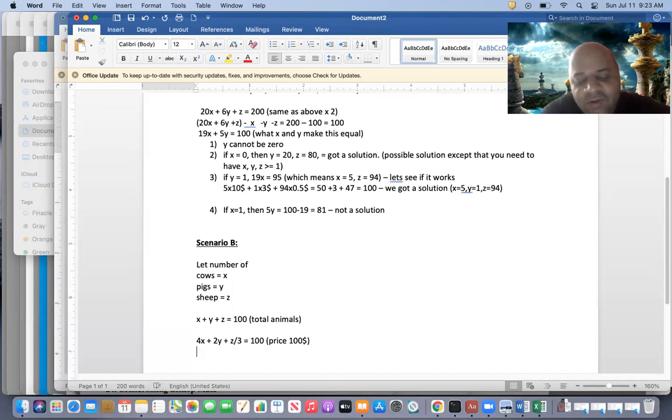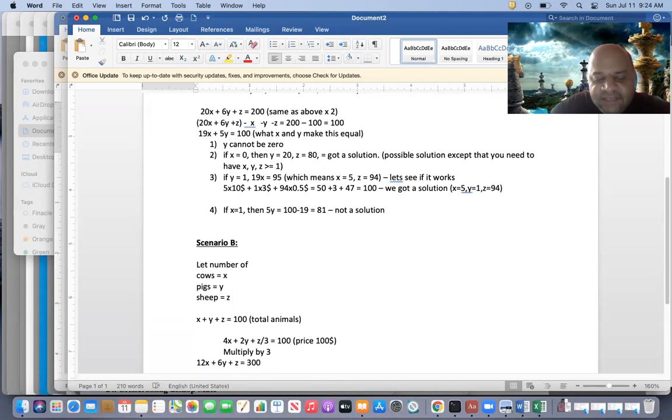Now how do we solve this together? We have to eliminate z. The second equation we will multiply by 3 this time, not 2. So 4 into 3 is 12x, plus 2 into 3 is 6y, plus z is equal to 100 into 3, which is 300.